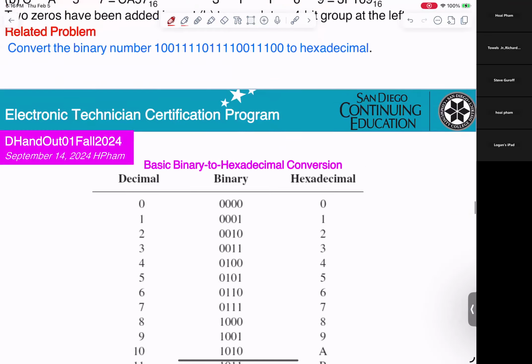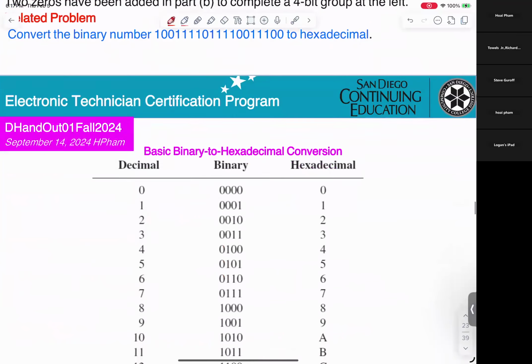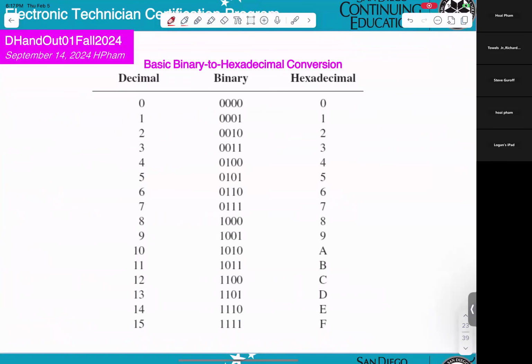Now, first thing, you get a number, 1100.